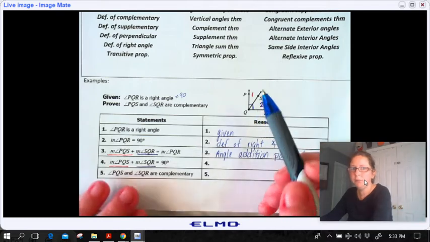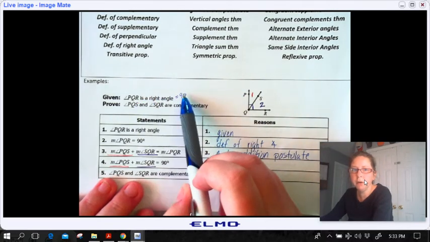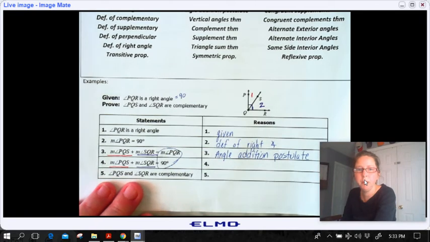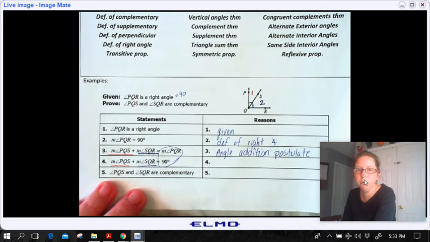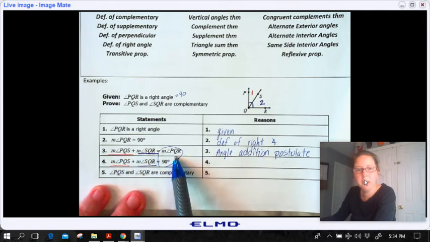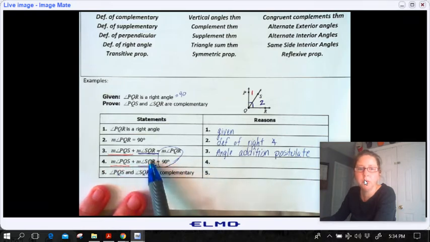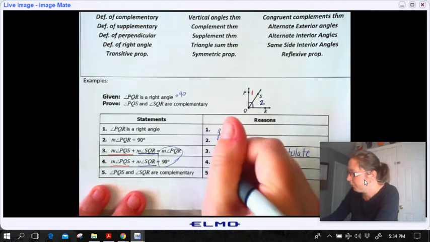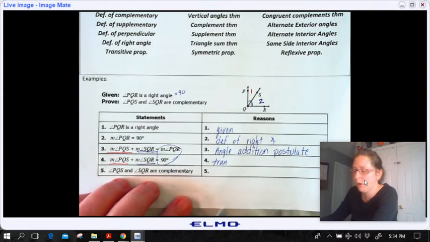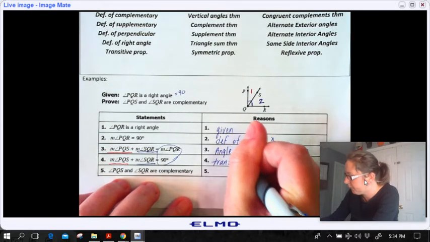You can think of angle PQR as a right angle, which is 90 degrees. And I've kind of substituted that information here. So you could think of substitution as one way. You could also use the transitive property. If PQS plus SQR equals PQR and PQR equals 90 degrees, then the sum of these angles equals 90 degrees. Okay. But so you could use substitution, but the more formal way to describe this is the transitive property.